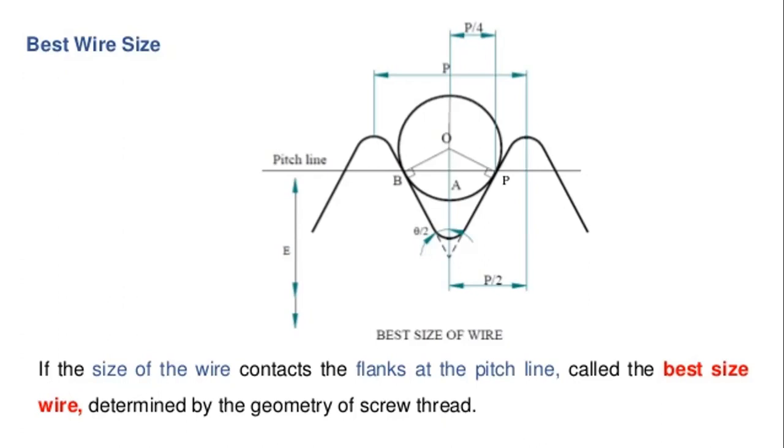In the best wire size method, if the size of the wire contacts the flanks at the pitch line, it is called the best wire size method, determined by the geometry of the screw thread.